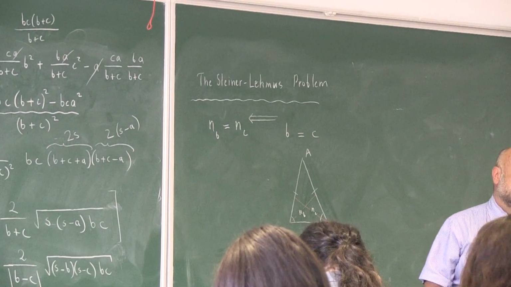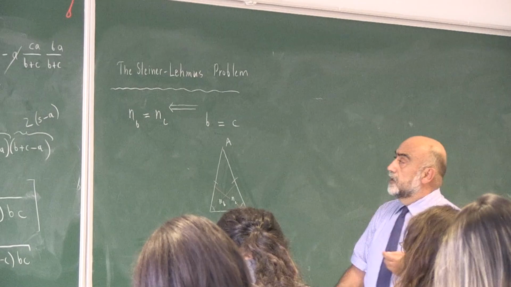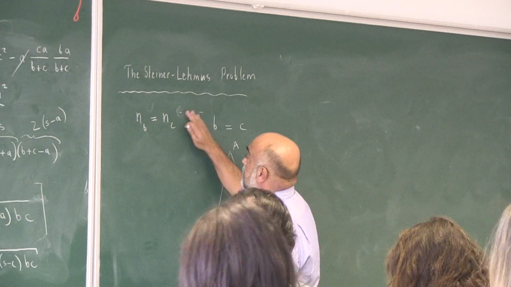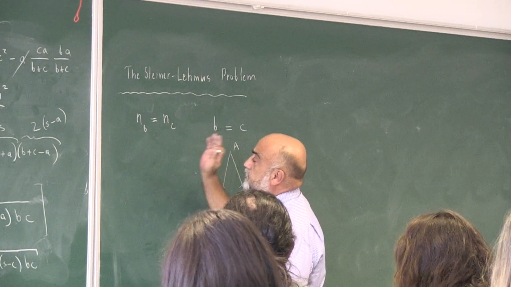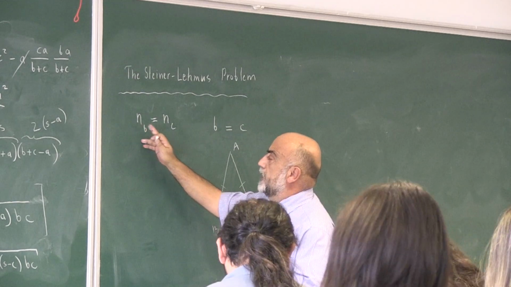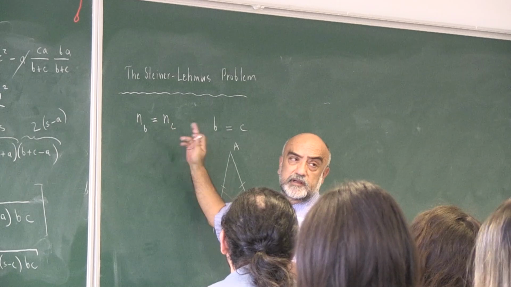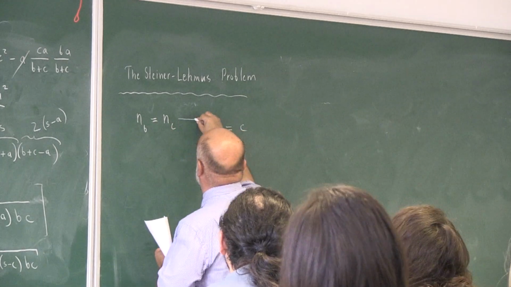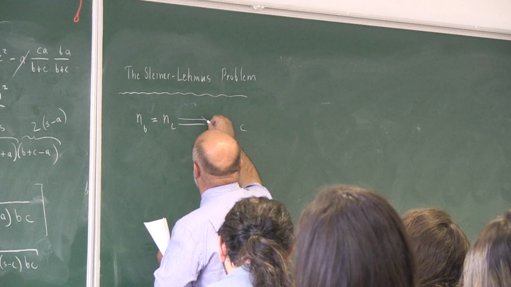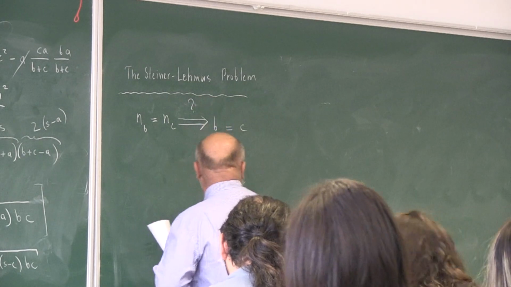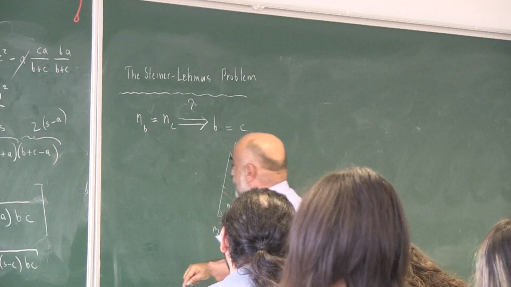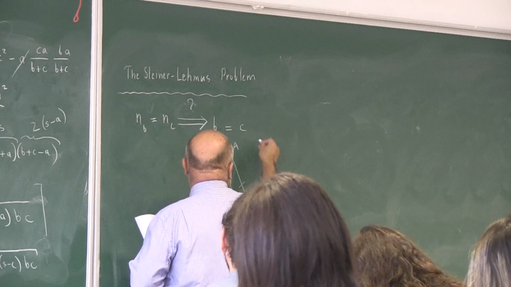The problem of Lehmus was the following. Is it true that in a triangle in which two angle bisectors are equal, it follows that the triangle is isosceles? Okay, so here's the thing. Let me redraw this.